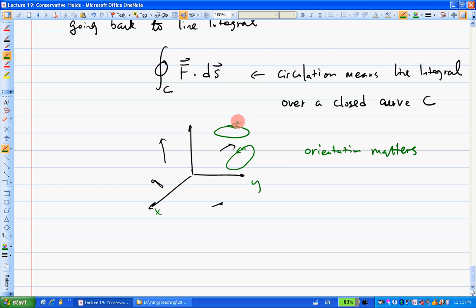When you're integrating over curve C, maybe the curve C is big, maybe it's small, but it doesn't matter. You're considering the whole curve C. However, in certain situations, maybe you're not interested in circulation over this much area. Maybe you're only interested in a very local area, just a dot.